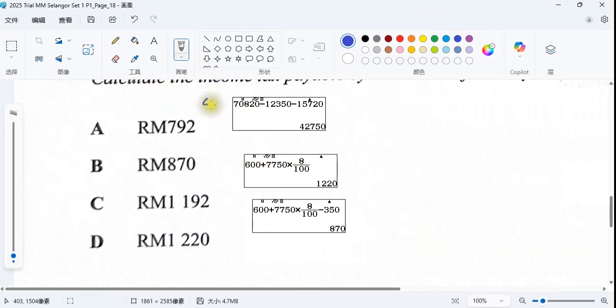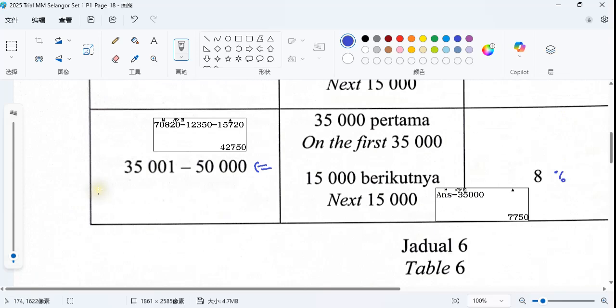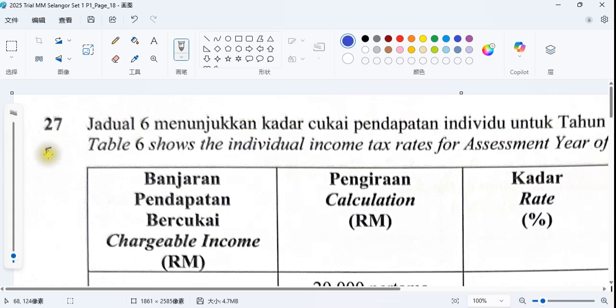So this is the tax payable. Okay, income tax is from Form 5 Chapter 4.